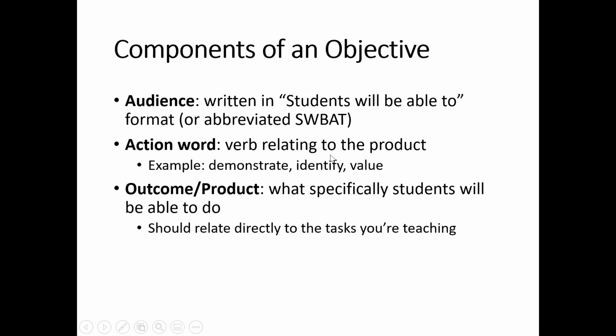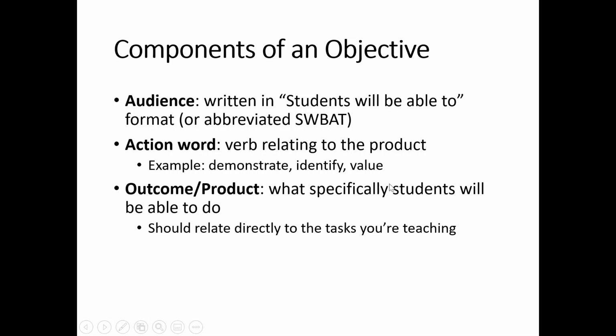Students will be able to identify the critical elements of a give and go during Ultimate Frisbee. That was my cognitive. Students will be able to value the importance of a give and go for progressing the disc toward the net during Ultimate Frisbee.